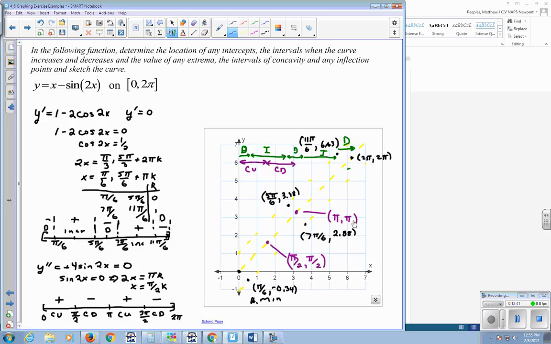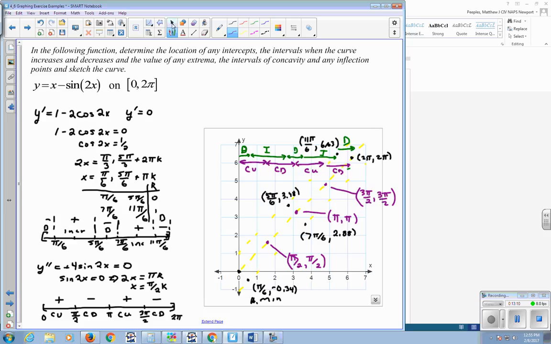And finally, 3 pi over 2, right about here, we're going to have another location of a point of inflection right here. So our graph is going to go concave up again, and then finally concave down all the way to 2 pi.